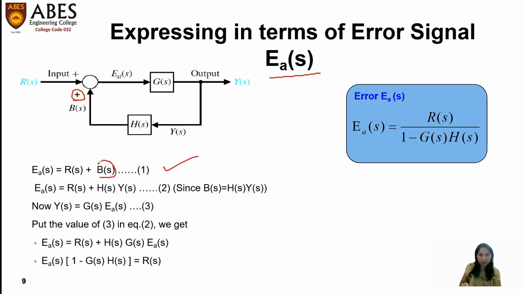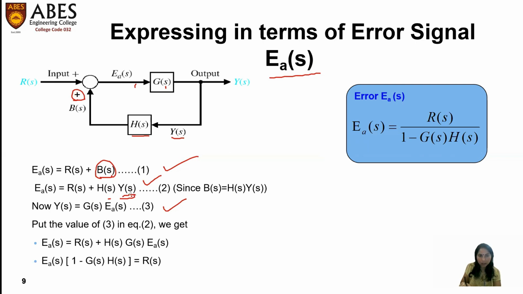Now in place of B(s), I have written B(s) is the product of H(s) into Y(s). Now, what is Y(s)? Y(s) is nothing but G(s) into E(s). I don't want this Y(s).